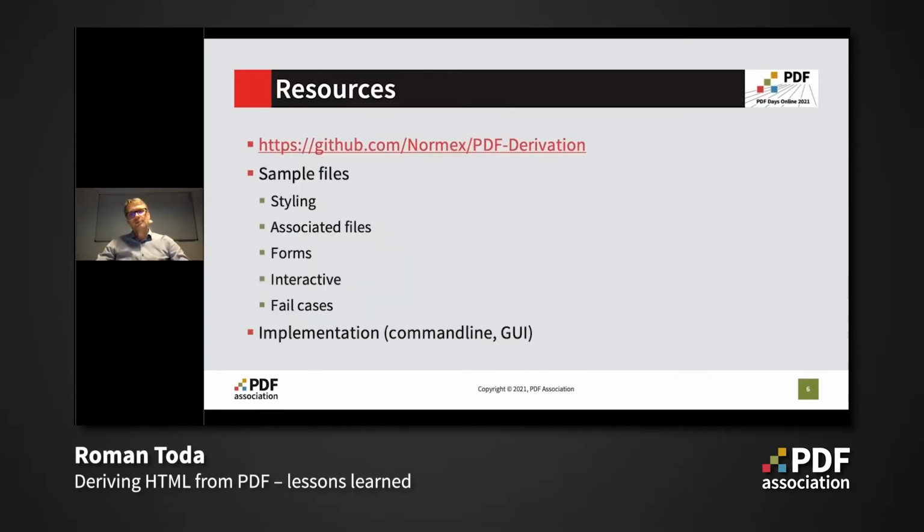This is our resource page on GitHub, where you can check our implementation of the algorithm, an application that allows you to see PDF and derived HTML side by side, and a lot of sample files. Because as you can imagine, the PDF files that are authored for the derivation are those we can see the best results on.